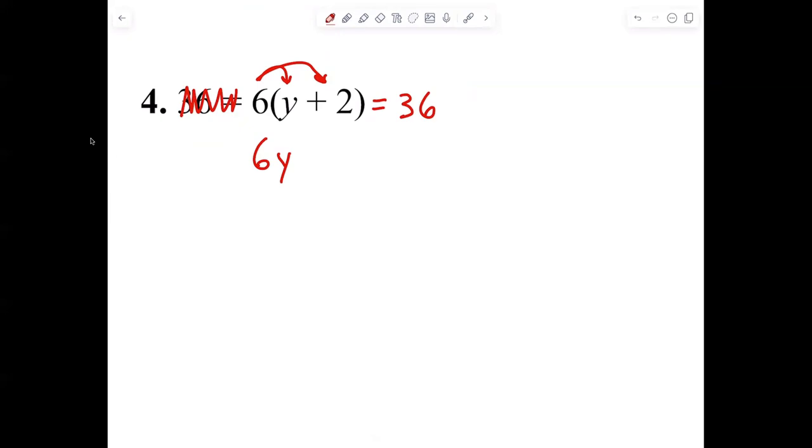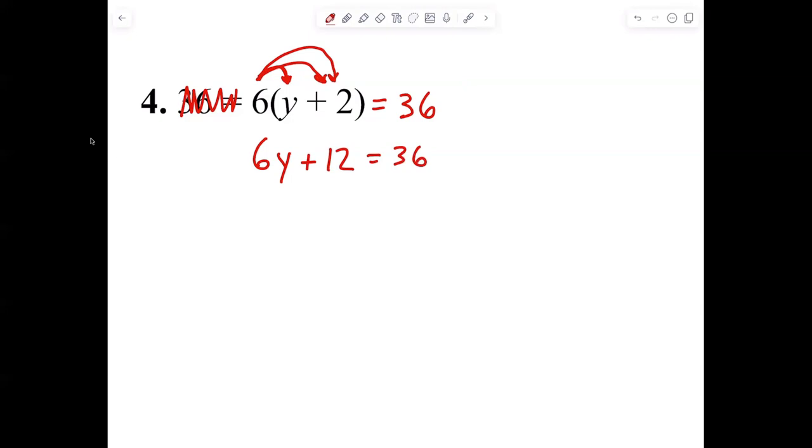No, you didn't distribute the 6. 6 times y. 6 times positive 2. There you go. You have to distribute that. You hear me? So it's going to be 6y plus 12 equals 36.